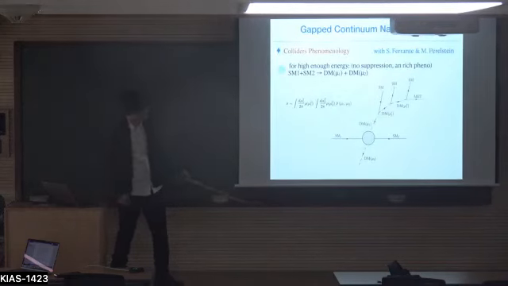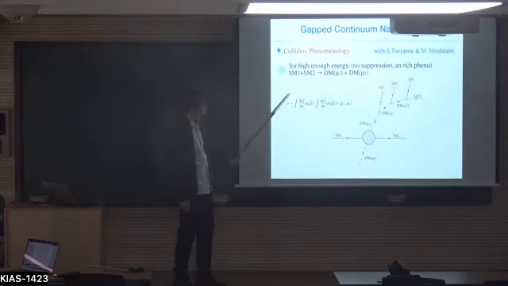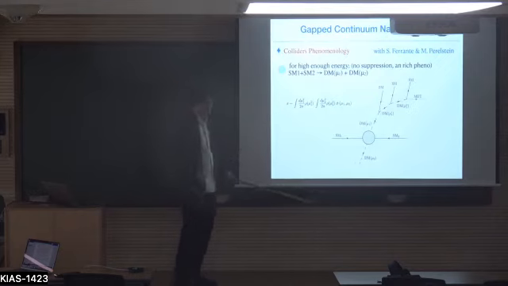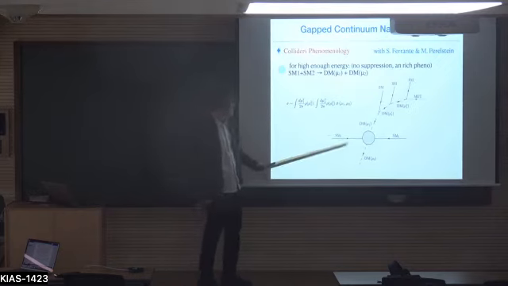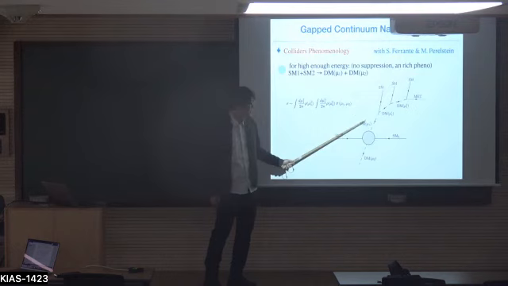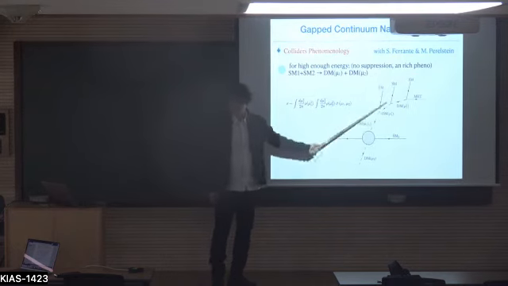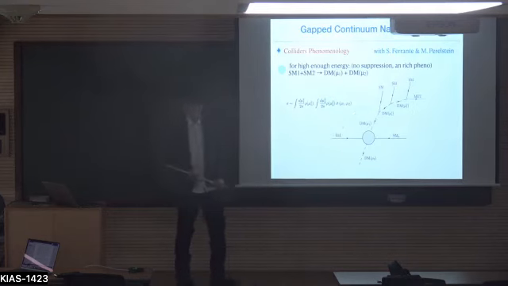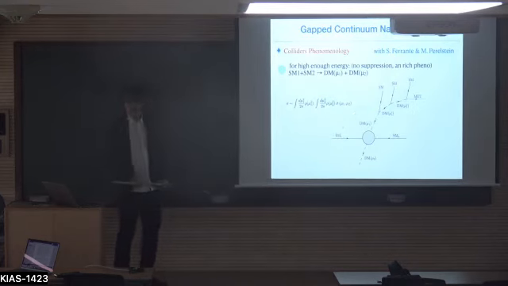So, and the colliders, yeah, I hope one day we can reach some energy, but maybe in the linear colliders, for example, in our model, you can look for all this continuum going to the polar continuum with cascade decay. This can be seen in a future collider.